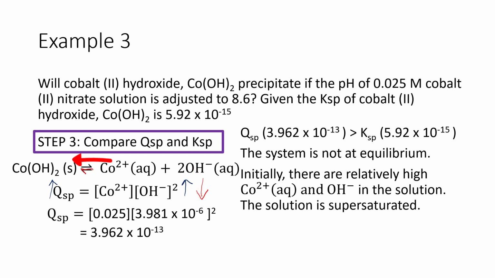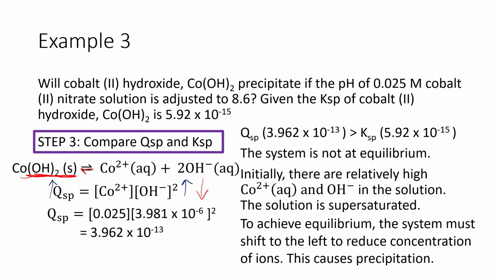When it shifts to the left, we can see that the cobalt-2 hydroxide solid is being produced. As cobalt-2 hydroxide solid is being produced, we say that the system will form a precipitate when the pH is adjusted to 8.6.